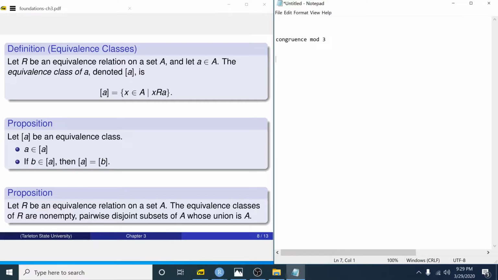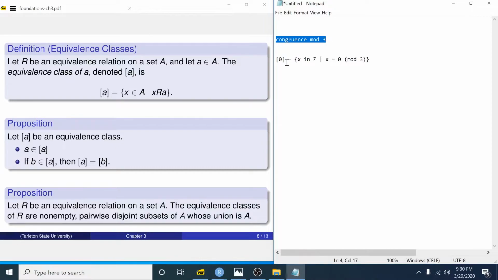So let's talk about what bracket 0 is in this case. Bracket 0, by this definition, is the set of all x in the integers such that x is congruent to 0 mod 3.